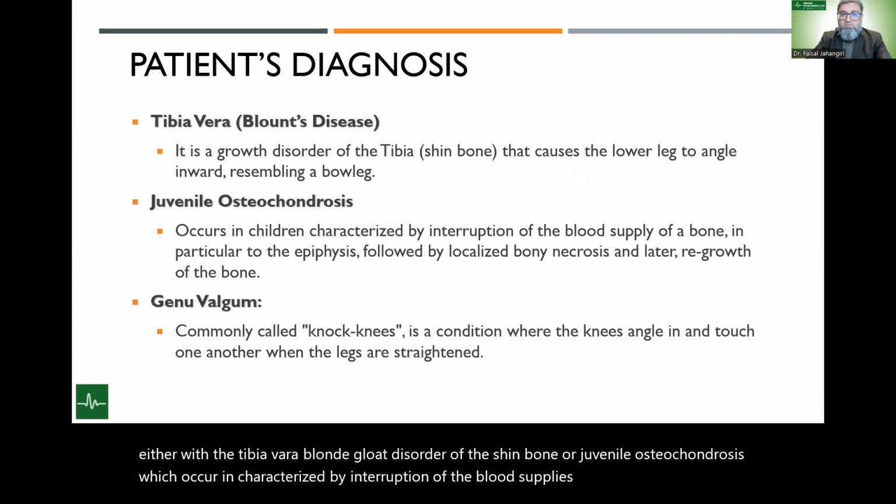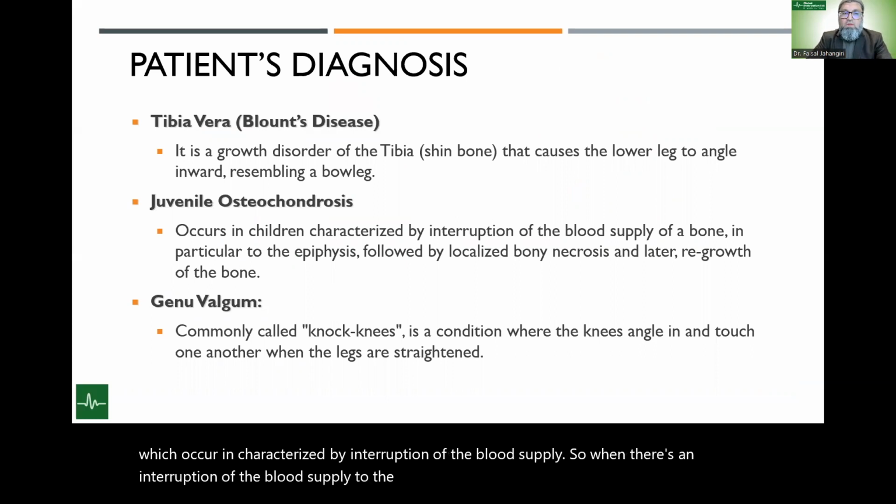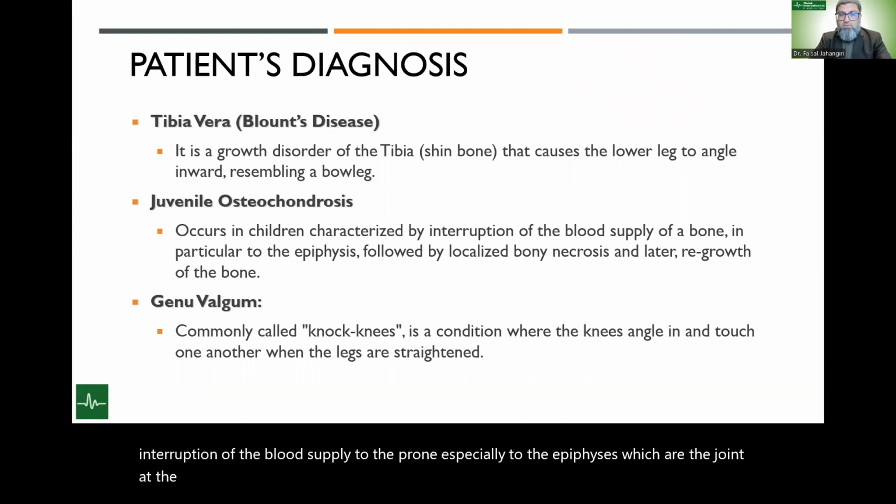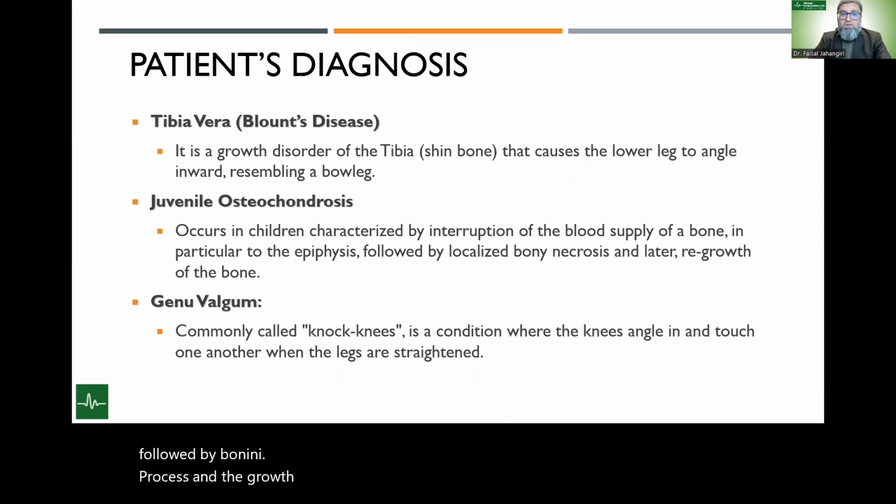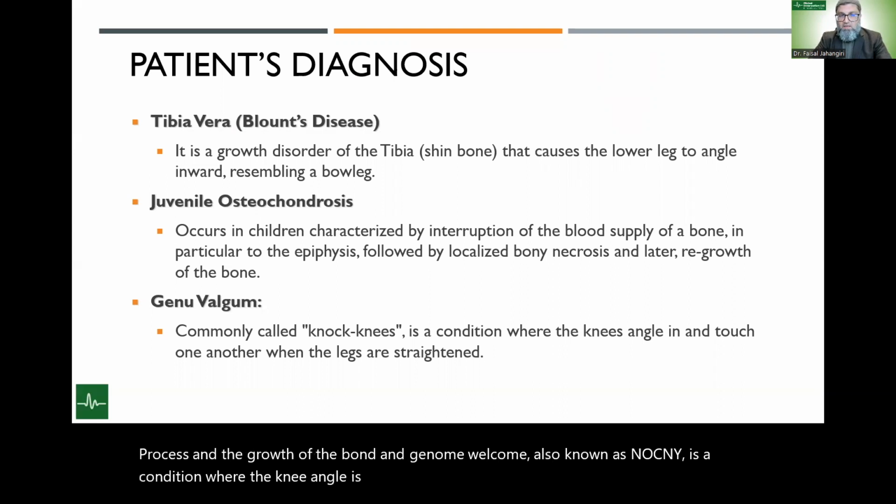When there's an interruption of the blood supply to the bone, especially to the epiphyses, which are the joints at the ends of the long bones, there's ischemia, followed by bony necrosis and regrowth of the bone. And genu valgum, also known as knock knee, is a condition where the knees angle inward and touch each other when the legs are straight.